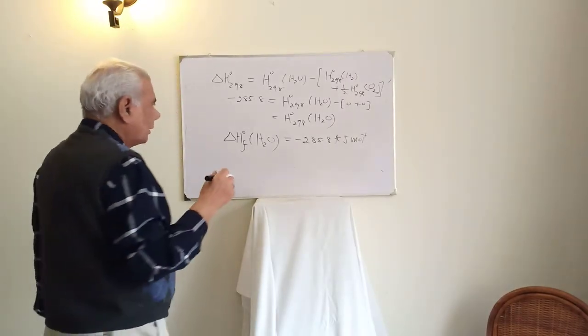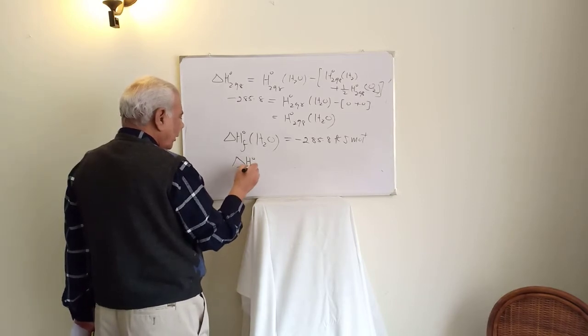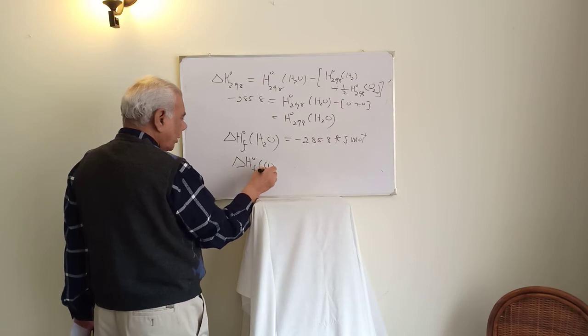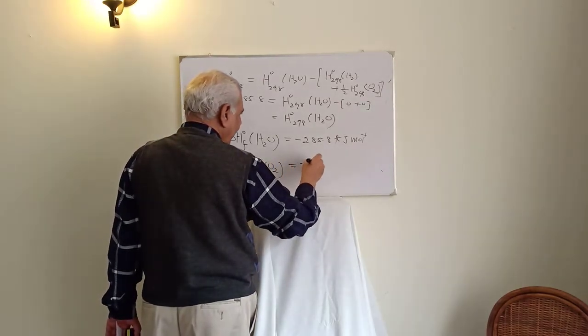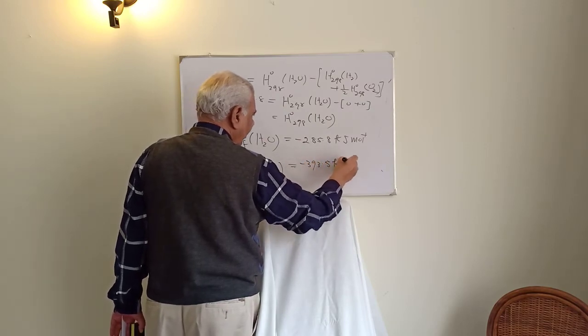Similarly, delta H naught f of CO2, carbon dioxide, is minus 393.5 kJ per mole.